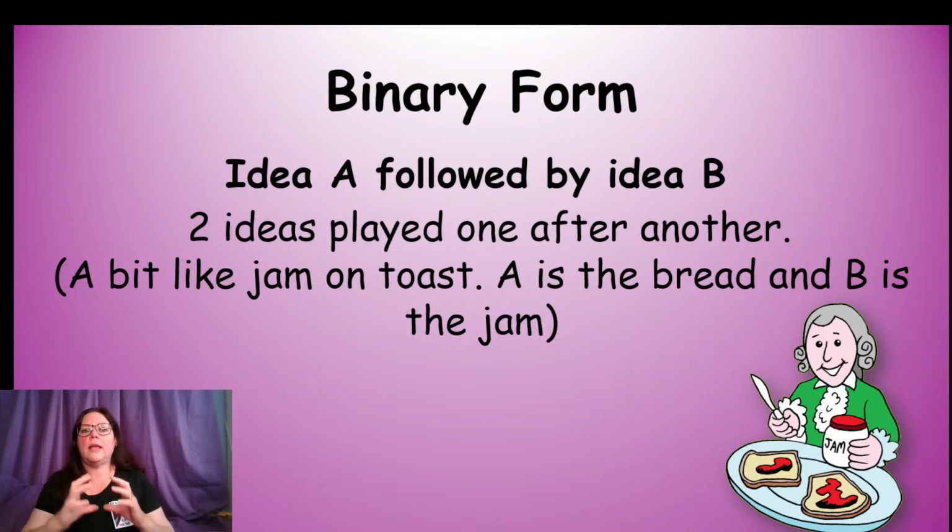Now, that has an idea A, and Bach repeats that idea, and then he creates something completely different, and that's idea B, and he repeats that. And that's the whole piece. Two ideas, one after another. That's binary form, okay? So let's move on and have a look at another structure.